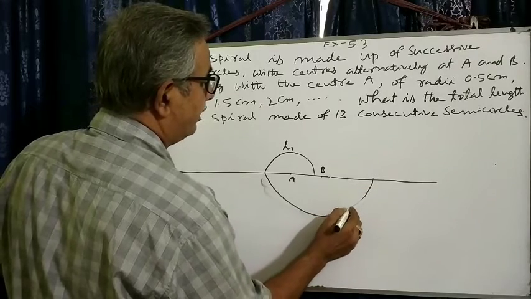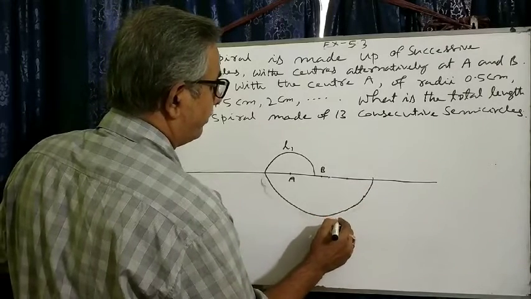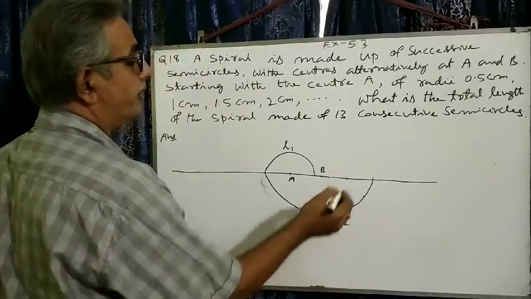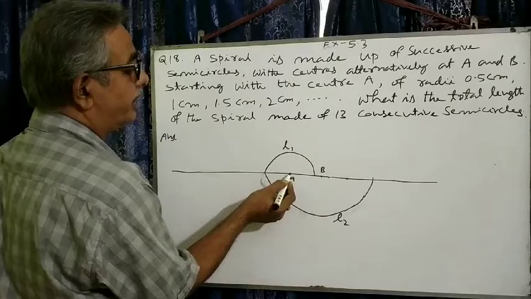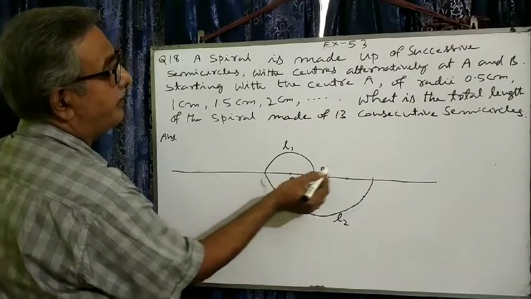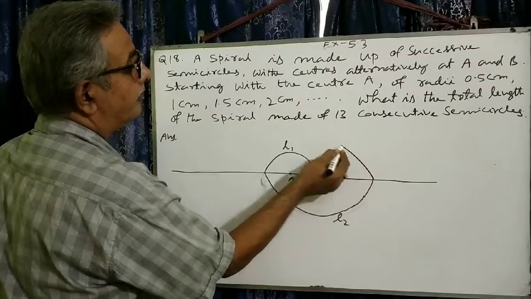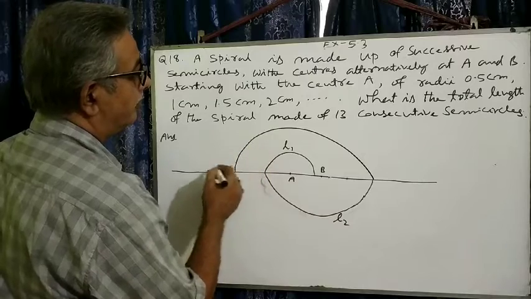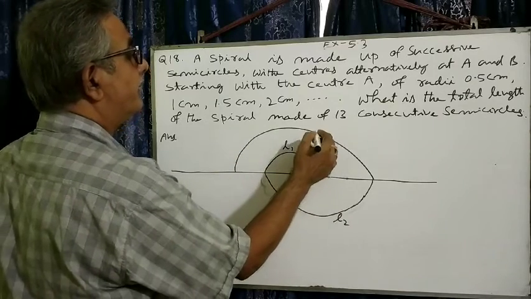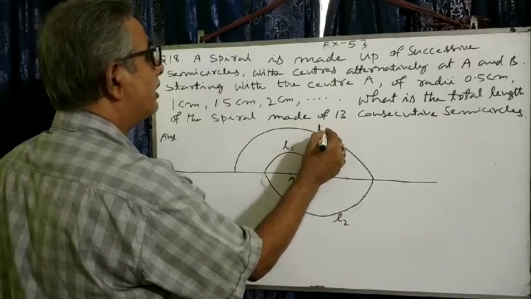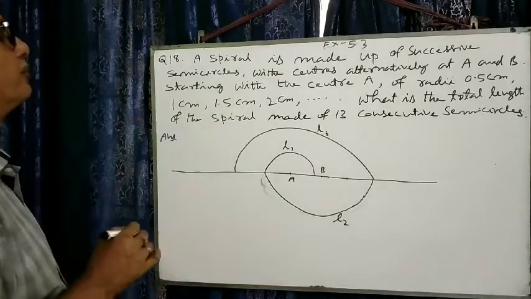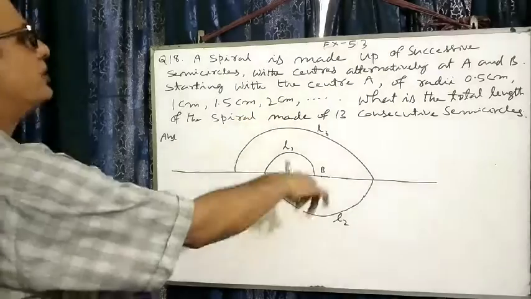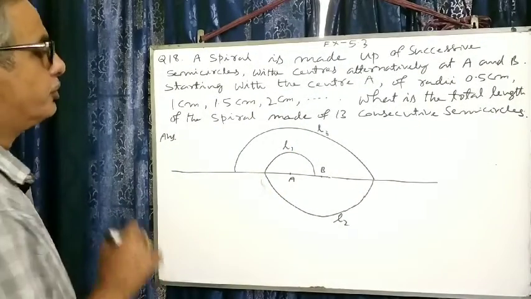Let it be L2. Now the third semicircle you take with the center A, and its length will be L3. Like that, many semicircles you are supposed to draw.